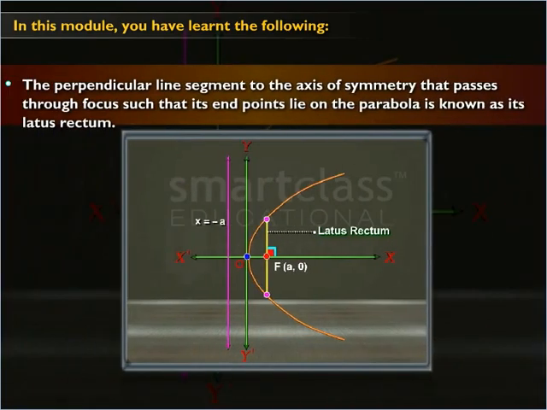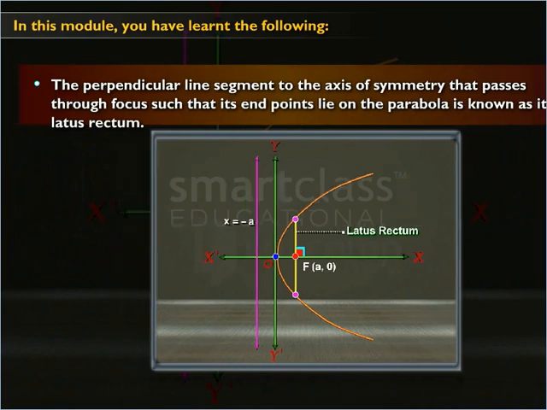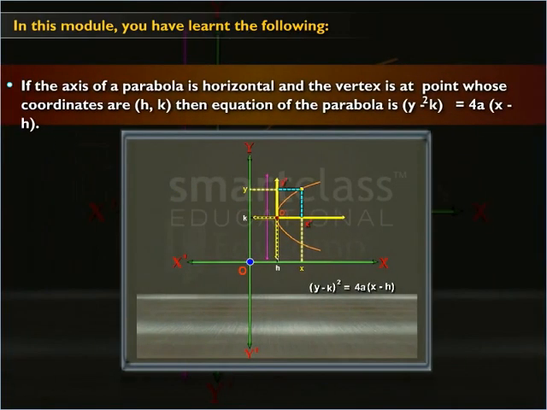The perpendicular line segment to the axis of symmetry that passes through focus such that its endpoints lie on the parabola is known as its latus rectum. If the axis of a parabola is horizontal and the vertex is at point whose coordinates are h, k, then equation of the parabola is y minus k whole square is equal to 4a multiplied by x minus h.